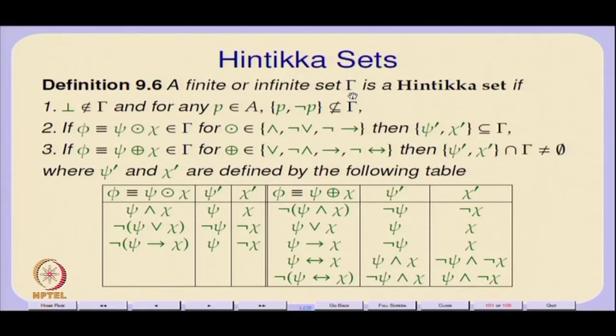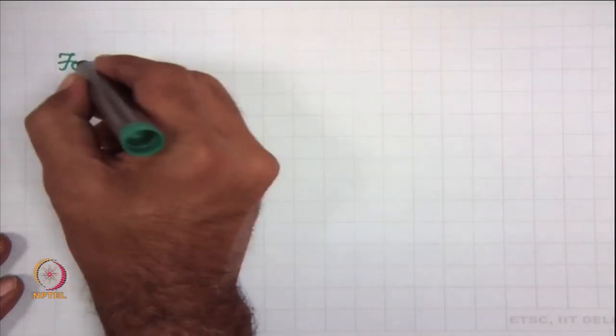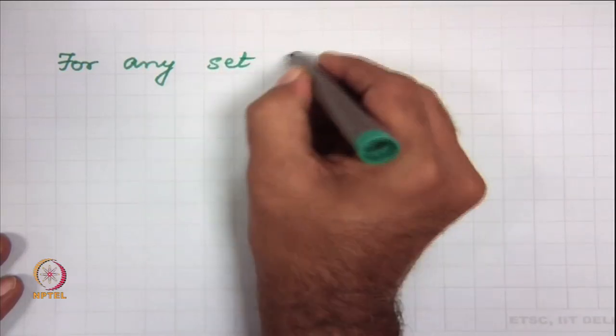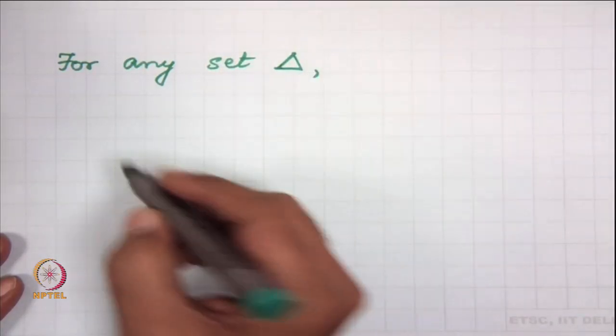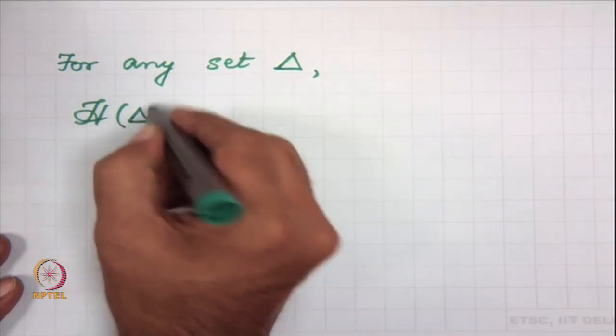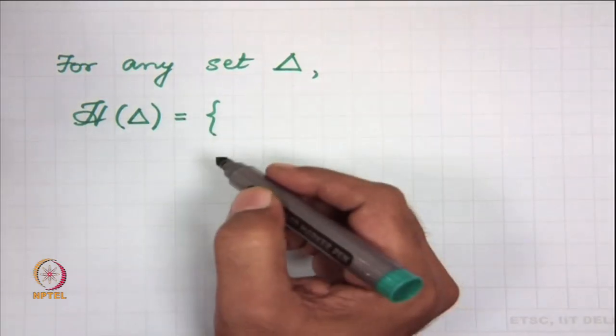So, I can actually define, for any set delta, the Hintikka operator H of delta such that essentially these three conditions hold.